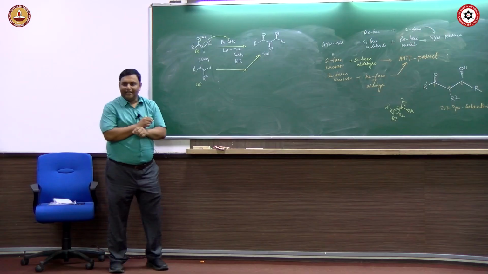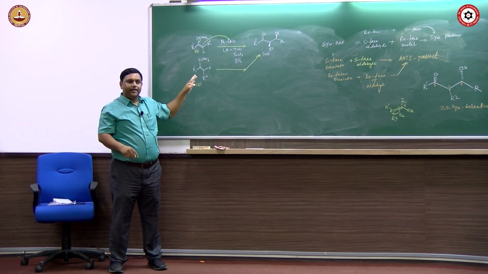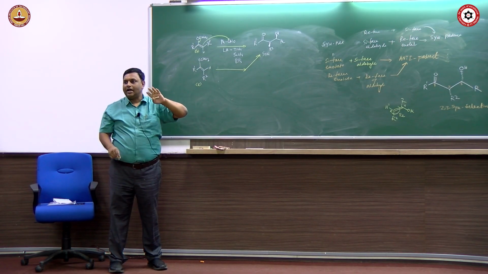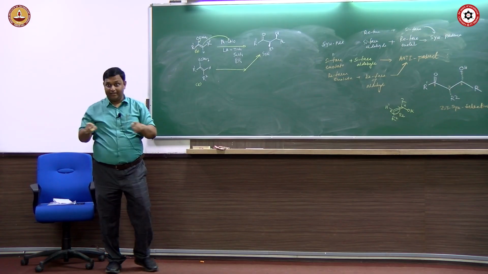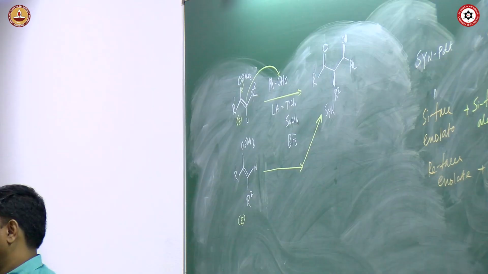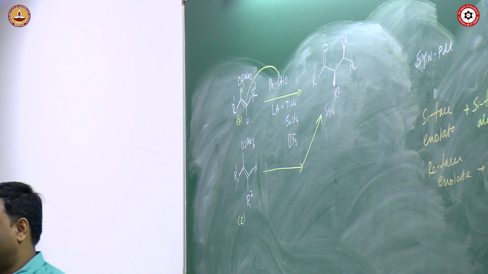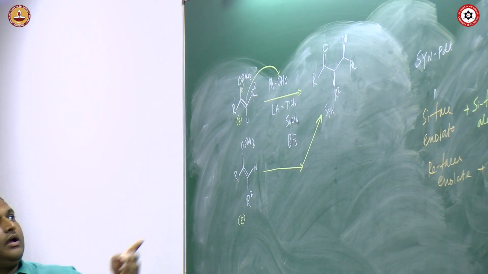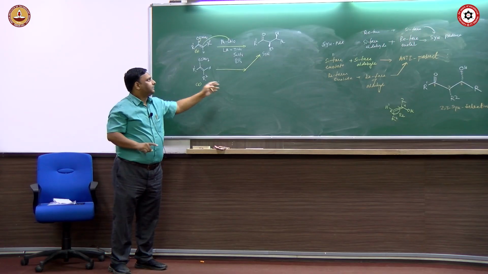So what is exactly happening then? I said previously the selectivity comes from the Zimmerman-Traxler transition state. That means this reaction is not following the Zimmerman-Traxler transition state. If it had been followed, we should get similar reactivity.